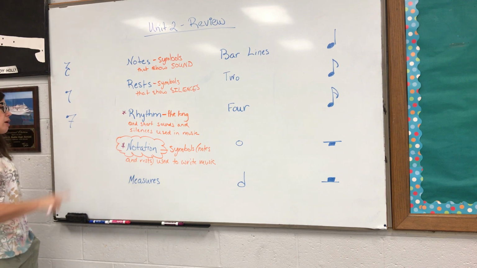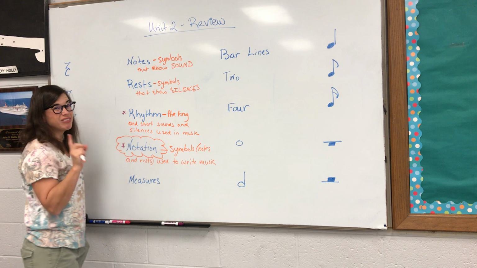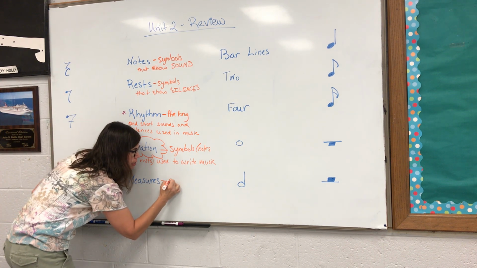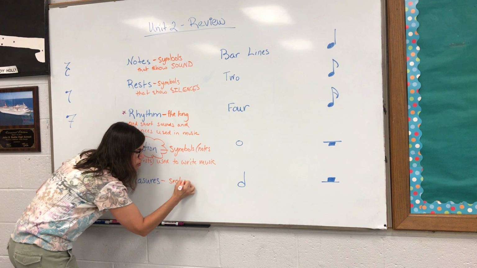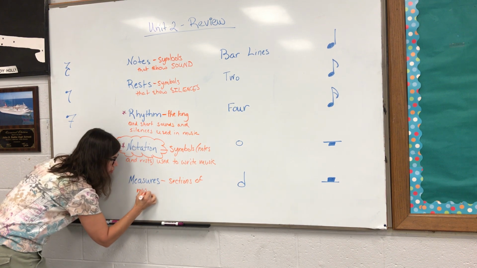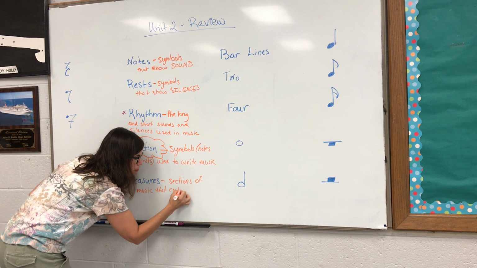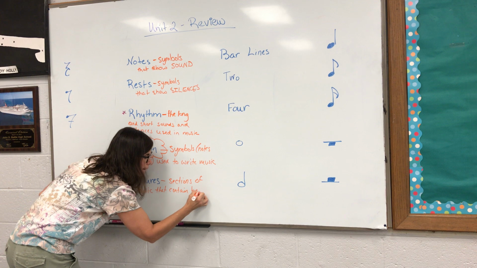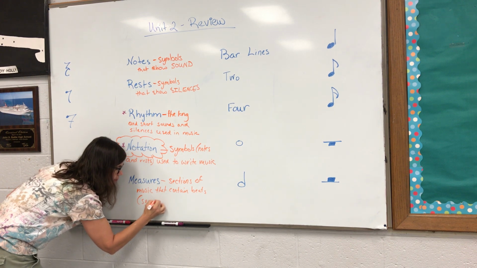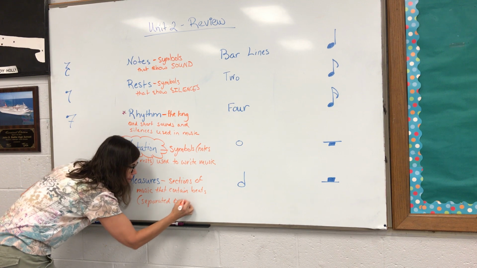So then this brings us to measures. Remember from Unit 1, and we've still been talking about measures here. Measures are the sections of music that contain beats, okay? And remember, they are separated by bar lines. Measures are separated by bar lines.